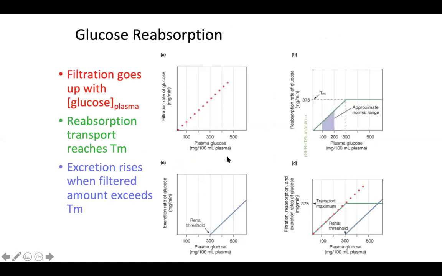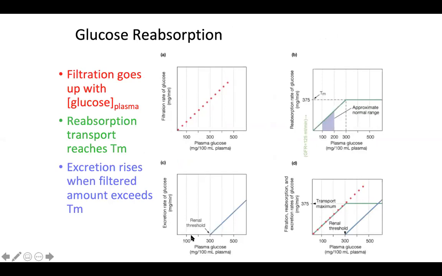Okay, so this is just some more charts. Hopefully they make sense if you read through them. So plasma glucose, as it goes up, we see filtration rate of glucose going up too. That's intuitive, right? Whatever is in the plasma gets filtered. That's true for pretty much everything we know in this class at least. If I have 300 mgs, it's going to be equal between the plasma and the kidney flow concentration.